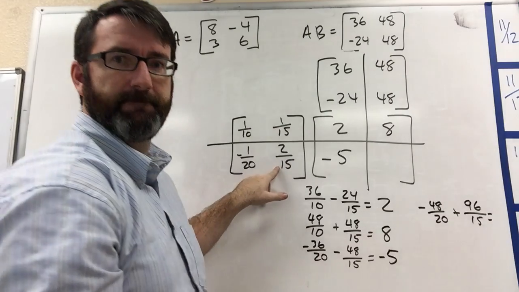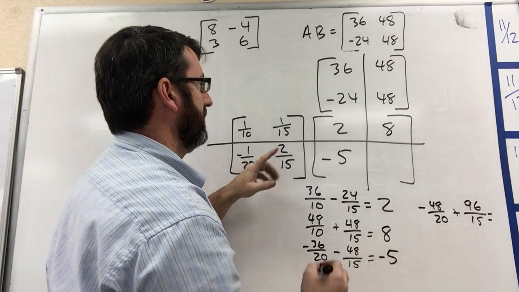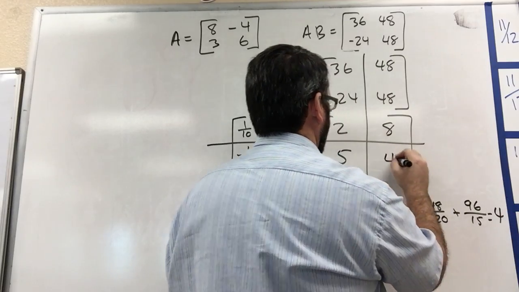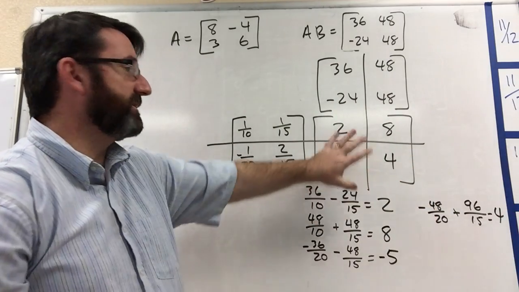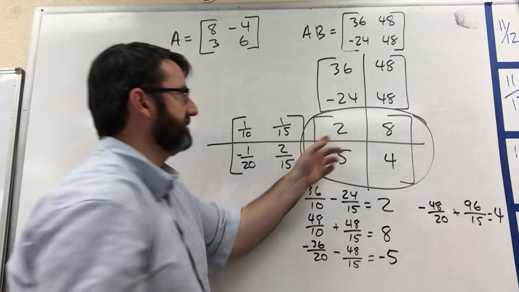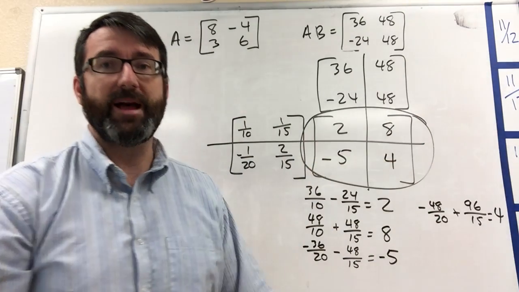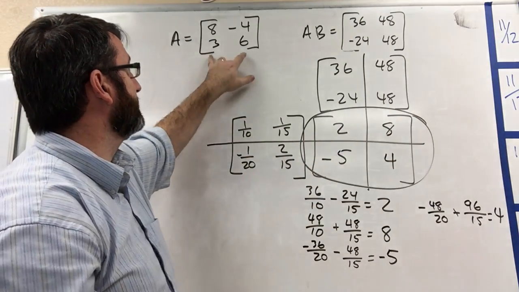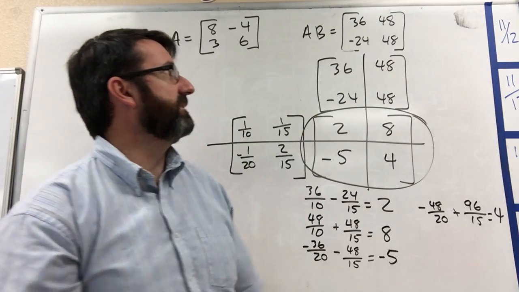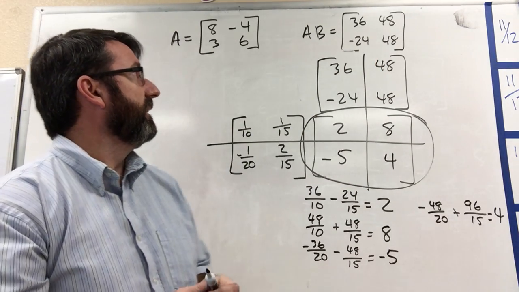And that's going to equal 4. And so this is our answer right here. This matrix is the answer. 2, 8, negative 5, 4. That's B. So if you multiply this original A here times this B, you should get this matrix there, AB.